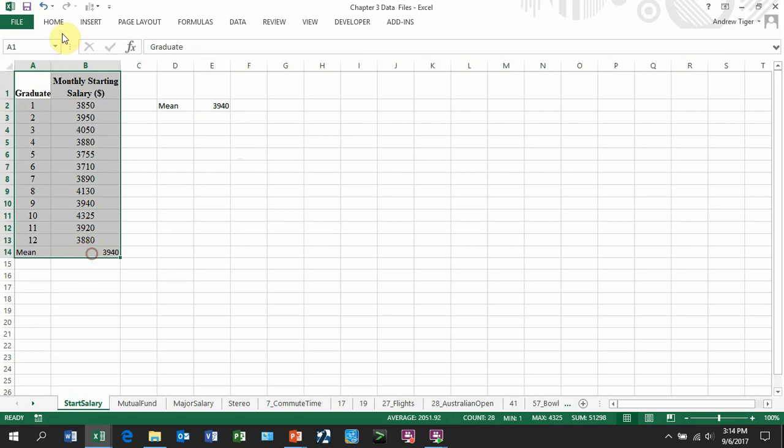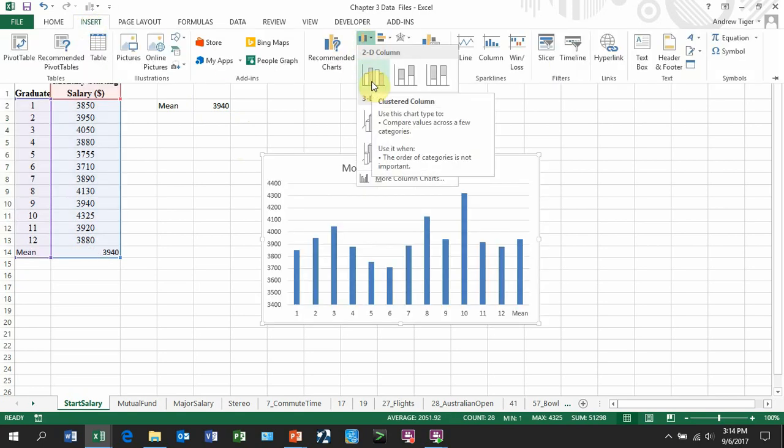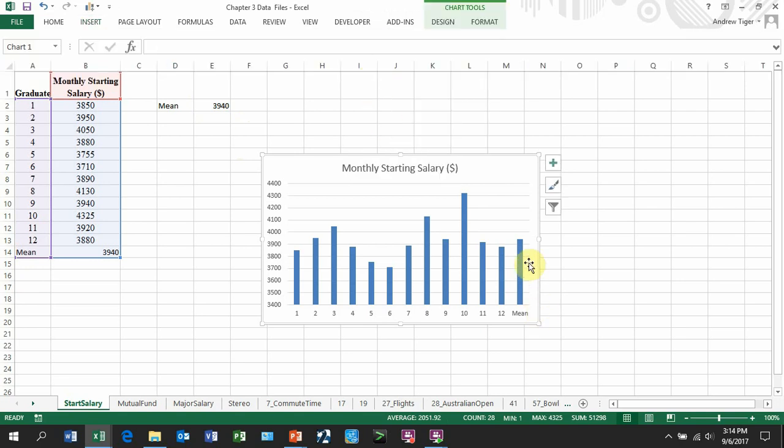If I would grab these and plot those on a bar graph, something like this, then this mean, it's not quite the middle. It's a function of volume and distance from the middle, but that's the balance point.